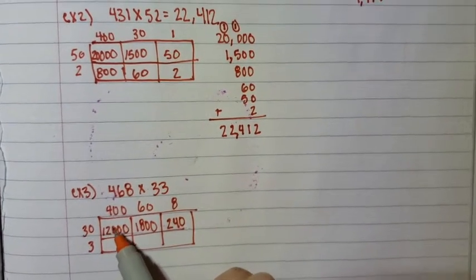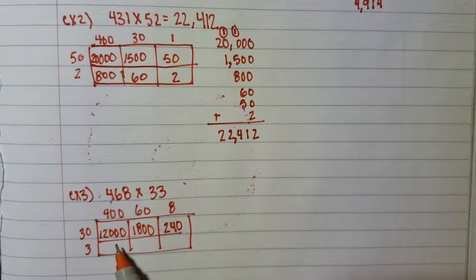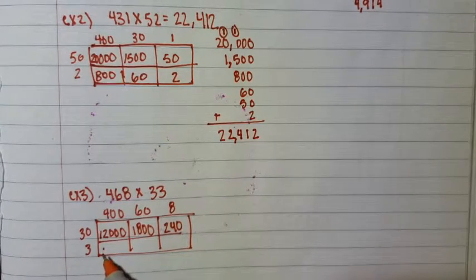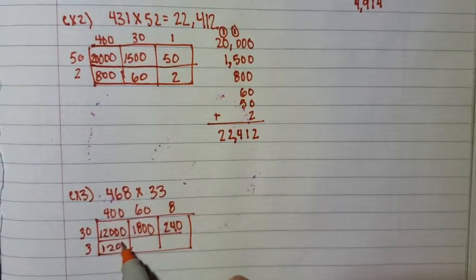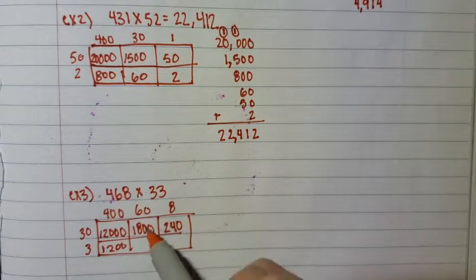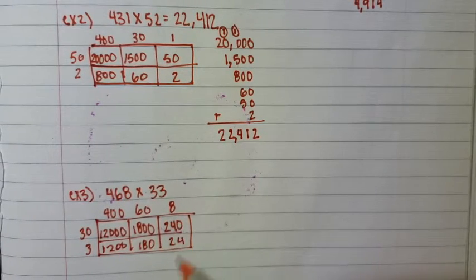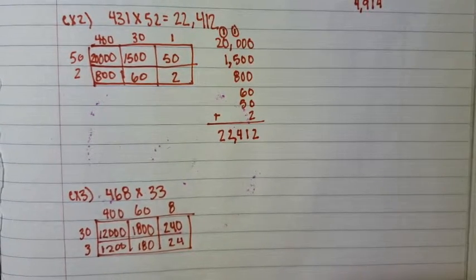Now we're going to do the same thing but with our 3. So 400 times 3 is 1,200. 60 times 3 is 180. And 8 times 3 is 24. And now we're going to add them all together.